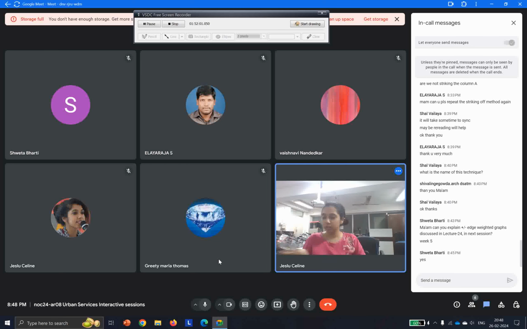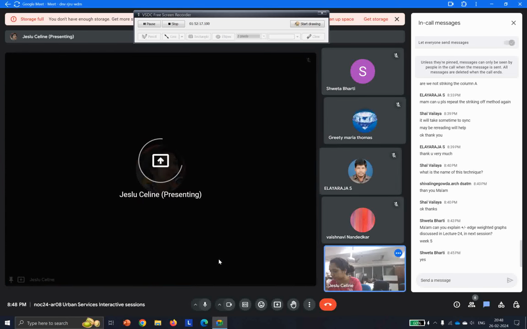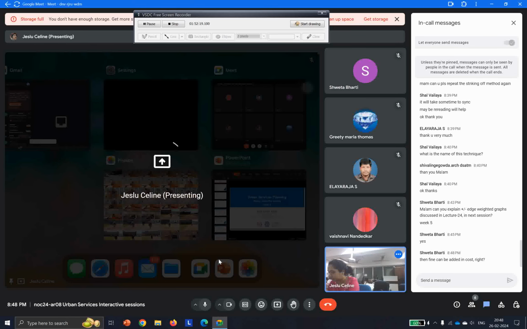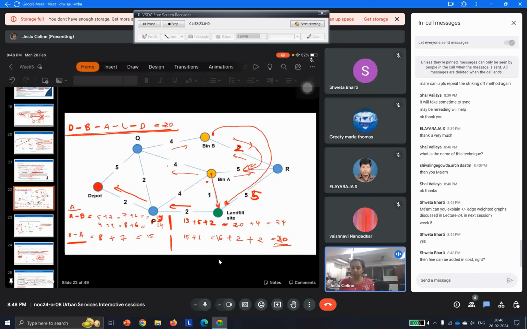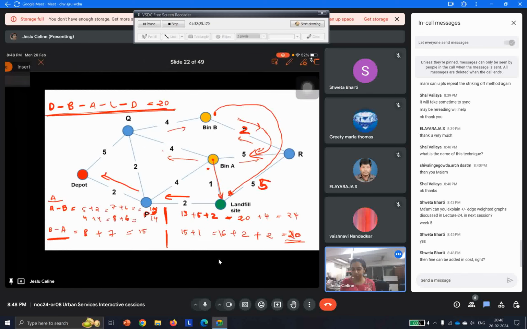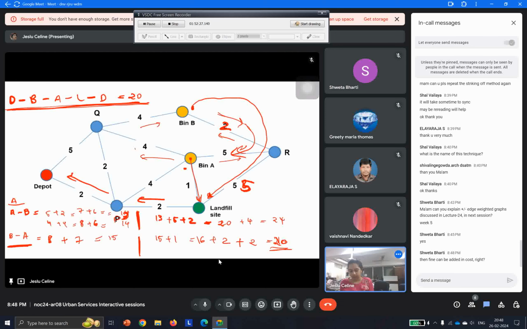So in the same routing problem which we had, let me just share my screen. Yeah, so in this same routing problem, these are all positive values.